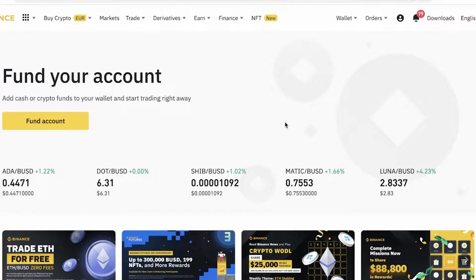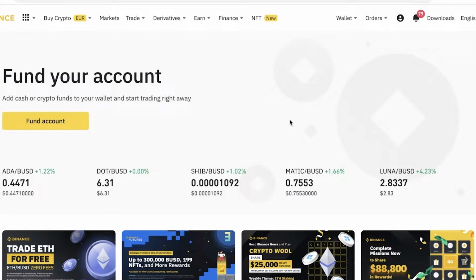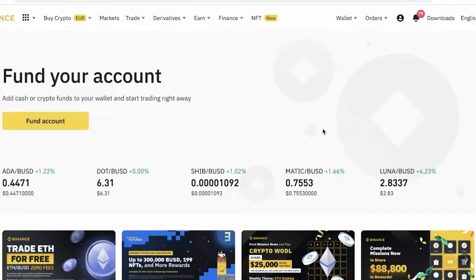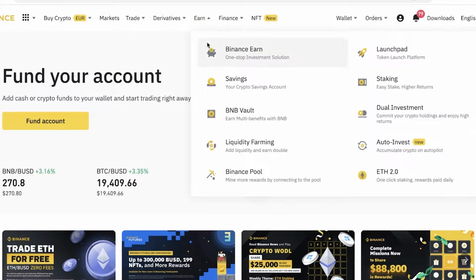Now, first off, there is the simplest form of staking, which is staking on a marketplace or on an exchange. This is super beneficial for beginners. It's easy to do and it's rather simple. You can just go onto your exchange account. If you're using Binance, Coinbase, or any other exchange, if you go into the earn section, you can go into ETH 2.0.